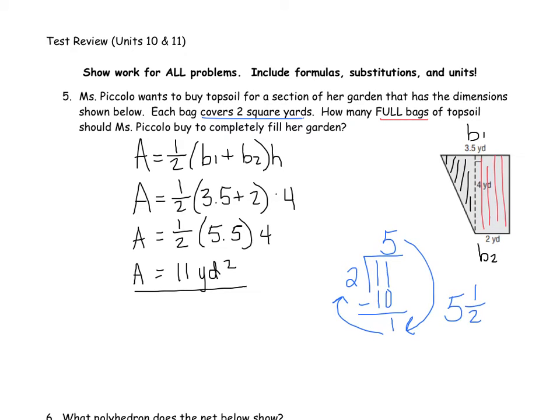Once more, the question says, how many full bags should I buy? Since we can't go to the store and buy 5.5 bags of topsoil, I must buy 6 bags, because 5 bags would not be enough. 6 bags would completely cover my garden, and I would have some extra.